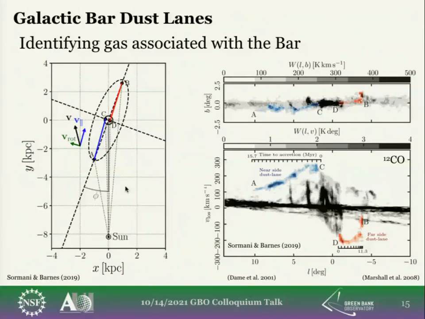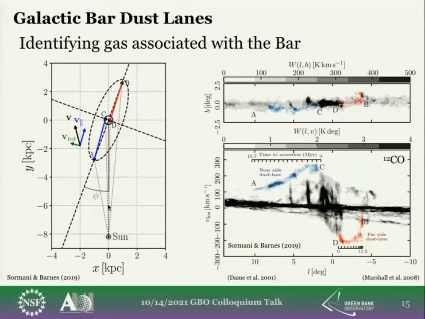In this figure by Sormani and Barnes, 2019, they basically recreated what the structure of the gas is doing in the galactic bar dust lanes. Here they are assuming the angle between the direction of the bar relative to the sun is 20 degrees. This is based on gas dynamical modeling along with star counts and near infrared photometry.